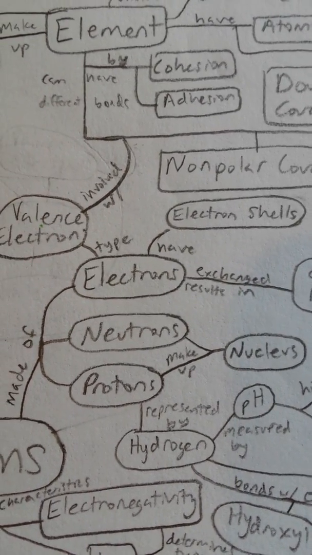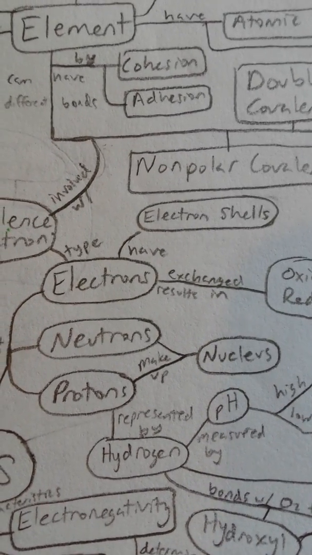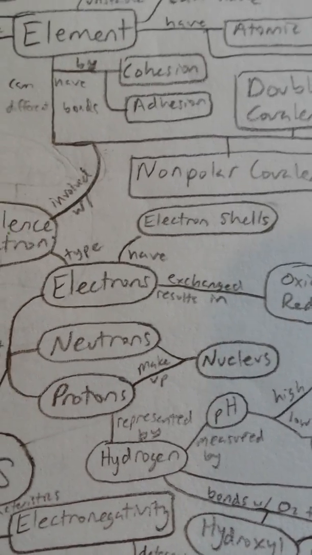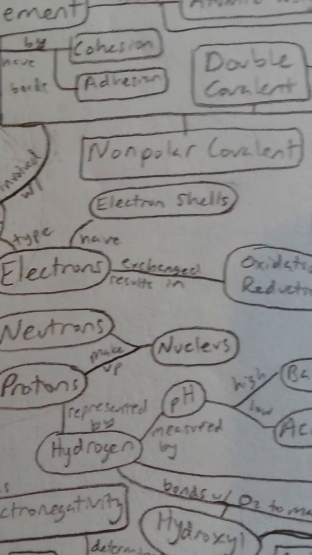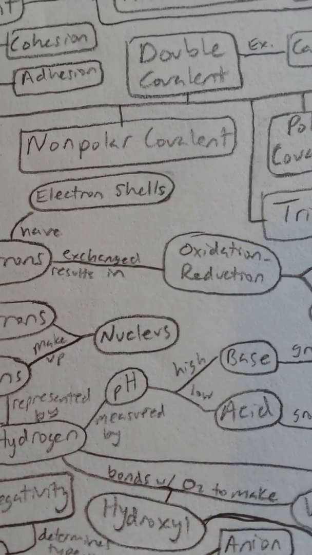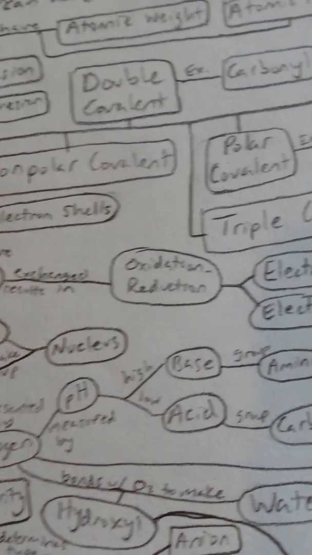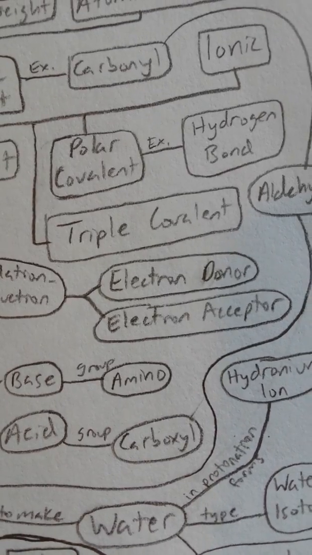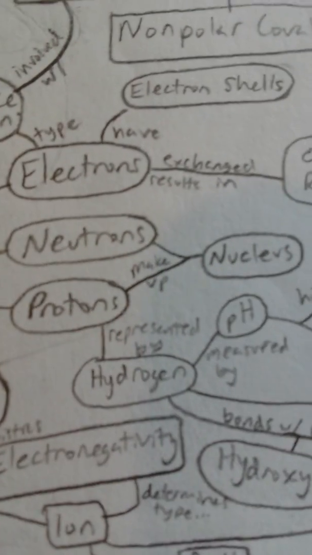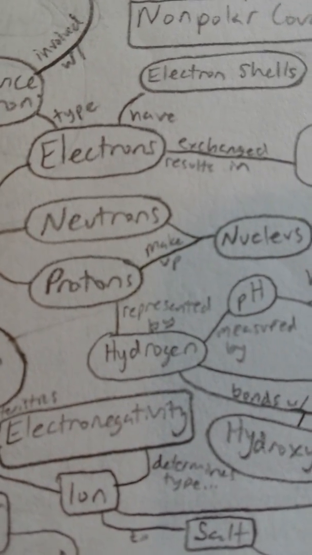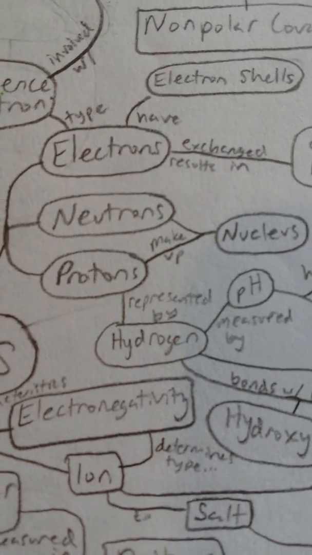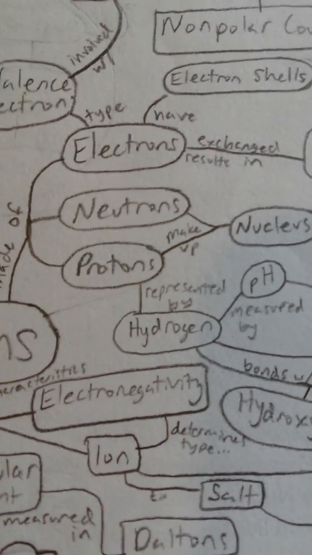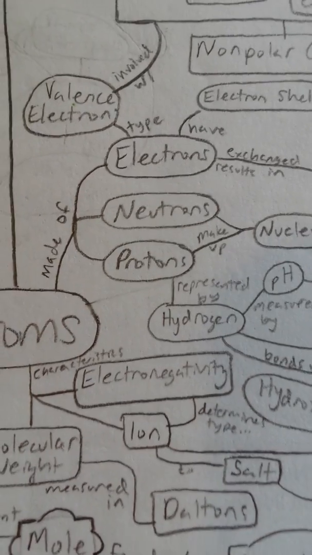And electrons have electron shells, which have different energy levels. Electrons exchanged result in oxidation and reduction reactions, and in each of those reactions you'll have an electron donor and an electron acceptor. The electron acceptor tends to be the ones that are closer to 8, and the electron donors tend to be closer to, well, they have 4 or less valence electrons.